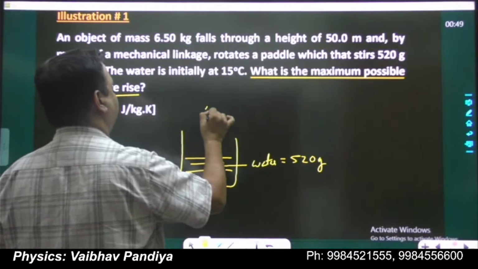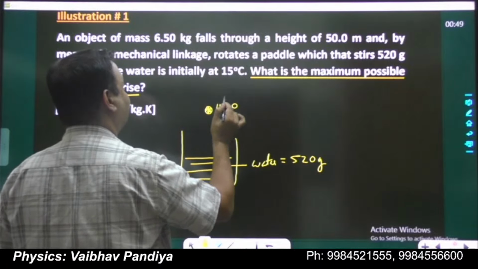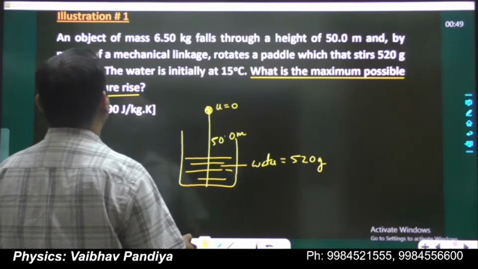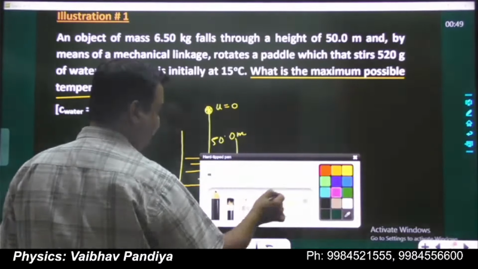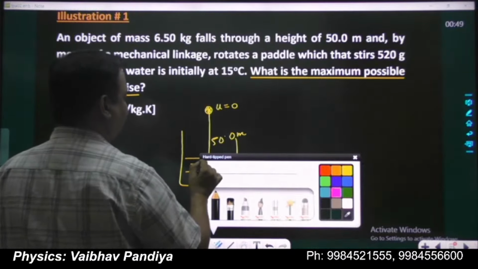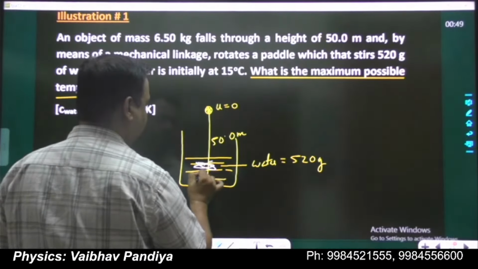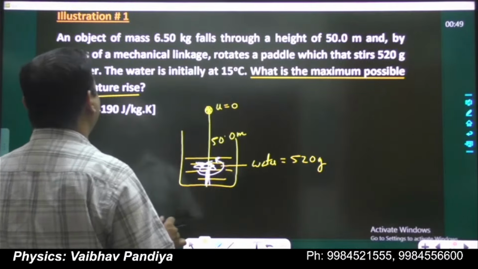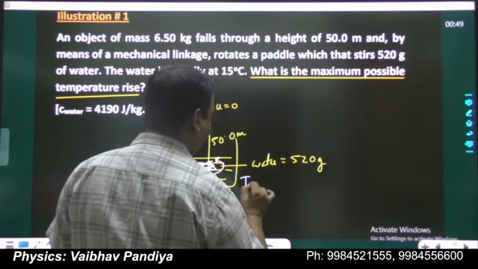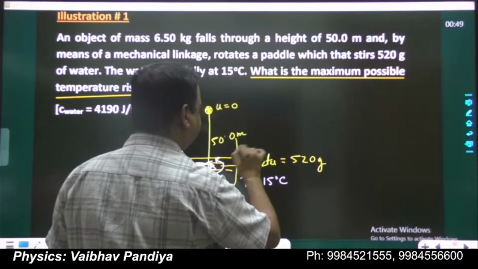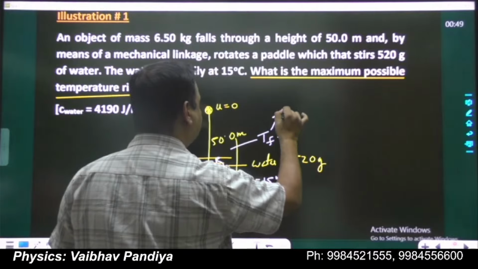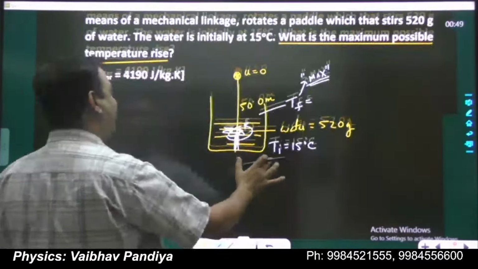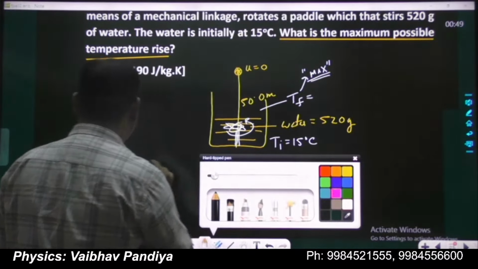And you are releasing an object from a height of 50 meter, and there is a mechanical linkage which is rotating the paddle, which is stirring this 520 gram of water, and the initial temperature of water is 15 degrees Celsius, and you have to find what can be the maximum final temperature. The keyword is maximum. So see, now for the maximum possible temperature rise, we will take some assumptions.